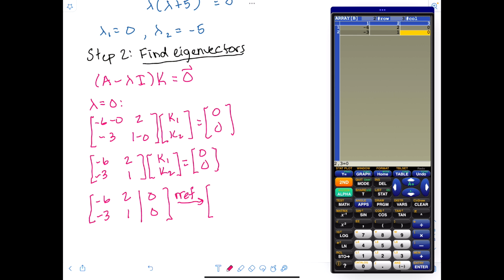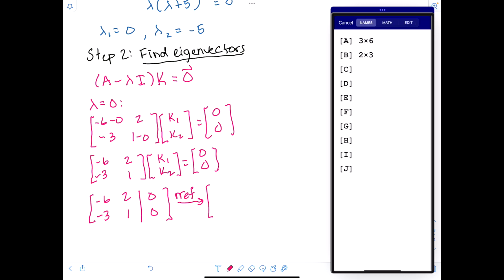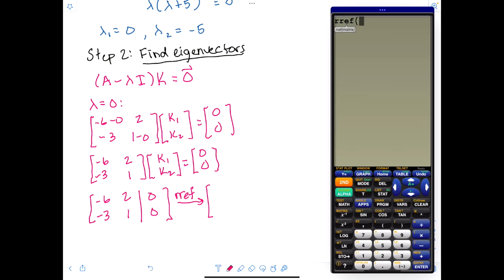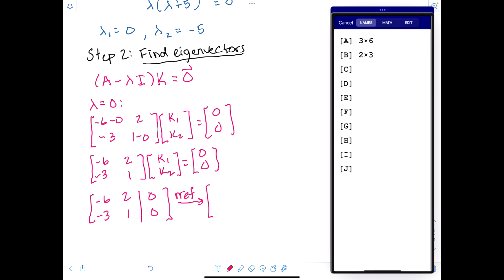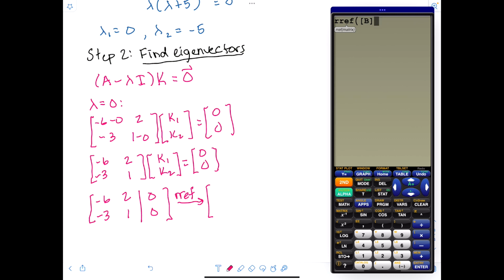You could also solve the system by hand. Then we go to second, matrix math, looking for that RREF form, and name the matrix. It was matrix B, and we end up with 1, negative 1/3, 0, and 0, 0, 0.